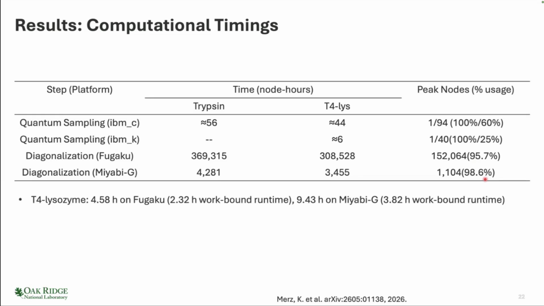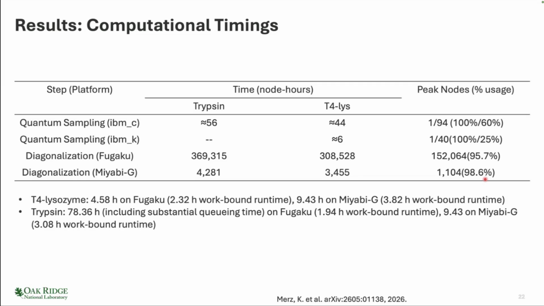So the total runtime on Fugaku was about 4.5 hours, 2.3 of which was work-bound runtime, and 9.5 hours on Miyabi G, about 3.8 of which was work-bound runtime.